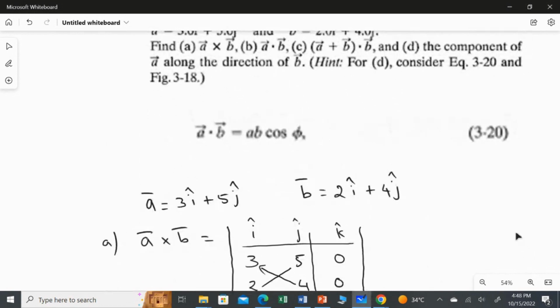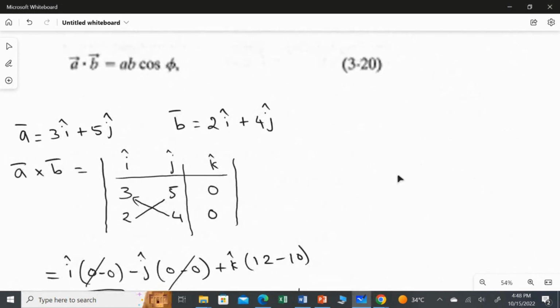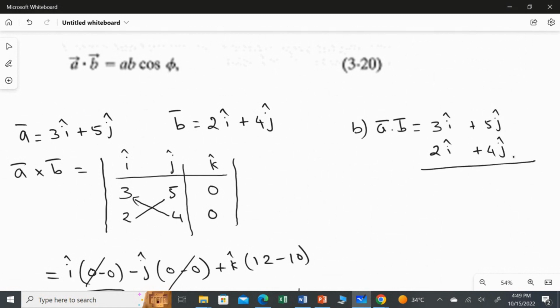Second question, A dot B. B part. A vector dot B vector. What is our A vector? 3 i cap plus 5 j cap, and B vector is 2 i cap plus 4 j cap. So when you go for dot product, all the times you have to multiply i with i, j with j.